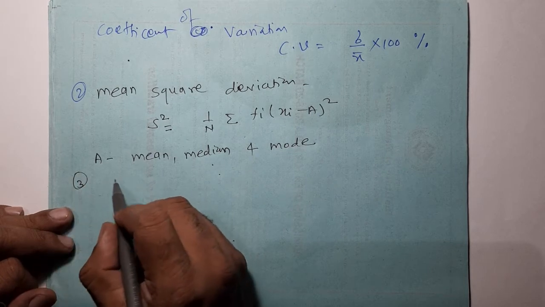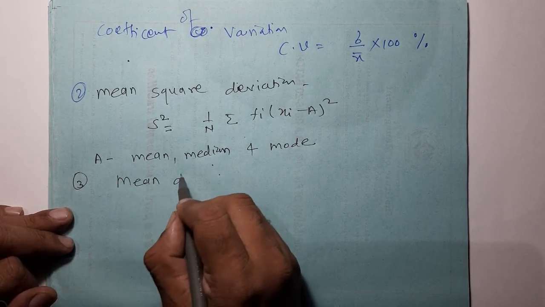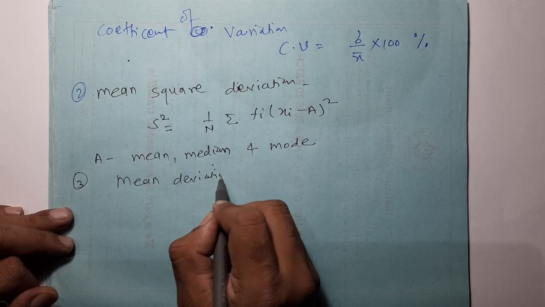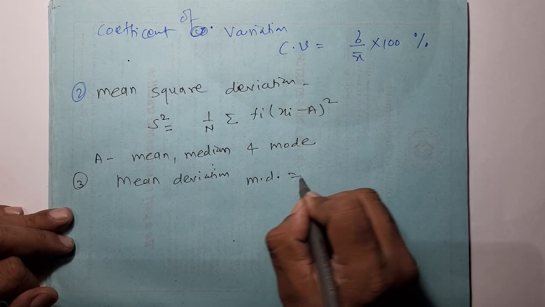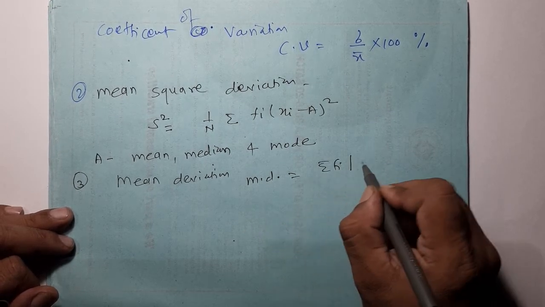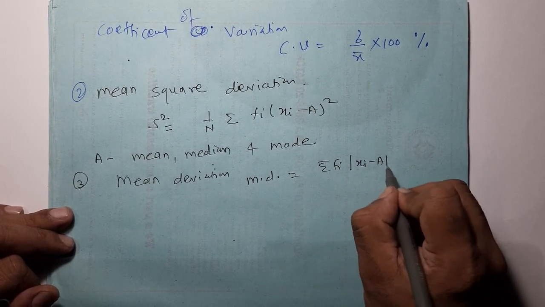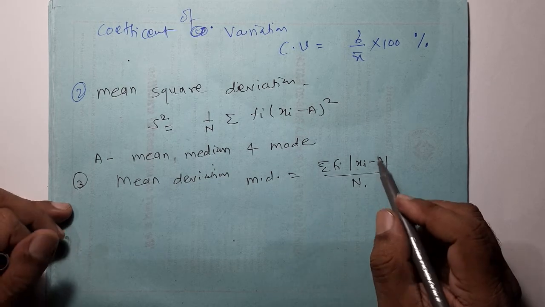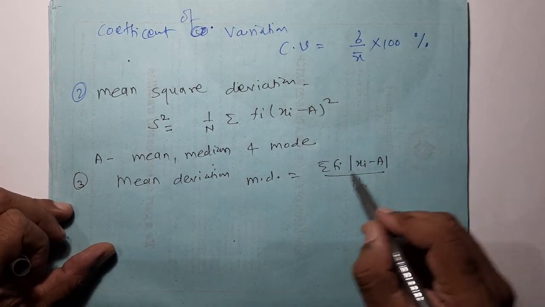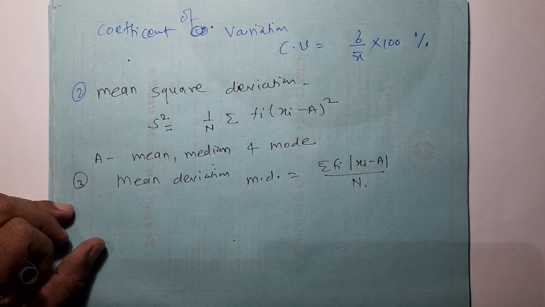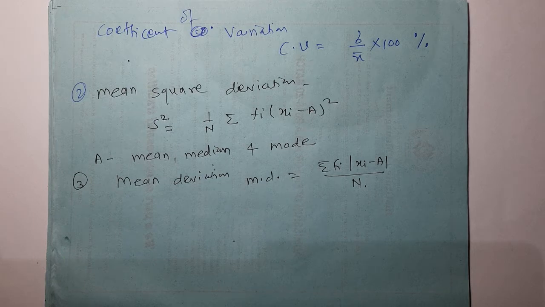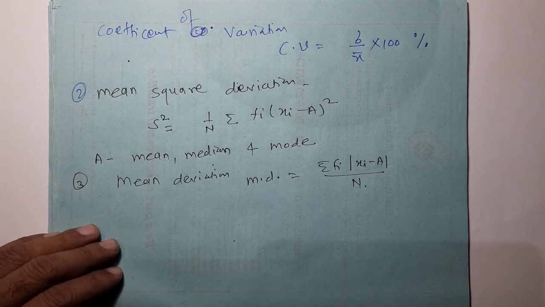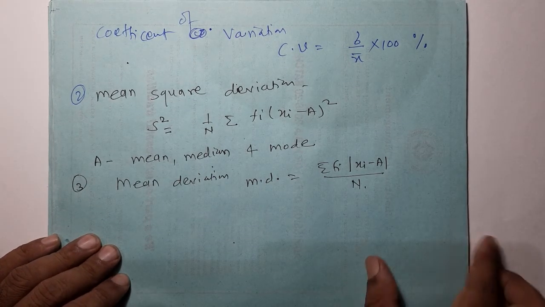Third is defined as mean deviation. MD equal to sigma fi into modulus of (xi minus a) by n. Actually, you can see that the square is taken to avoid the modulus or plus minus sign. Otherwise, minus and plus give you bad results, you may say. This is the mean deviation formula.